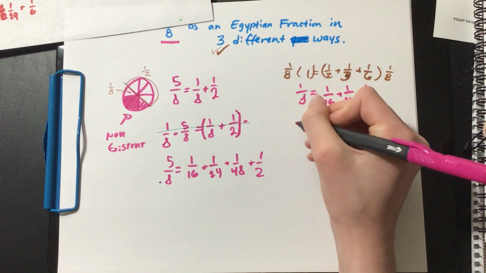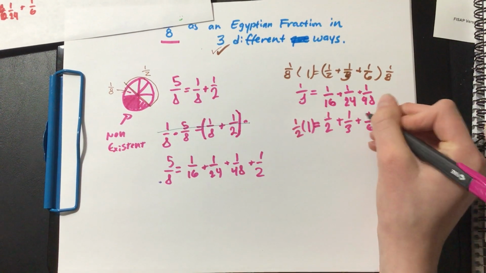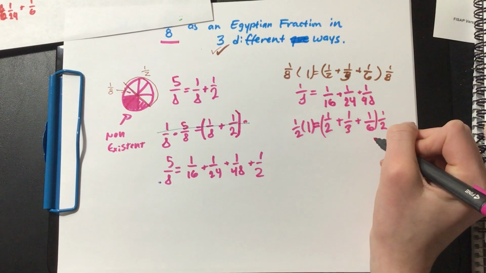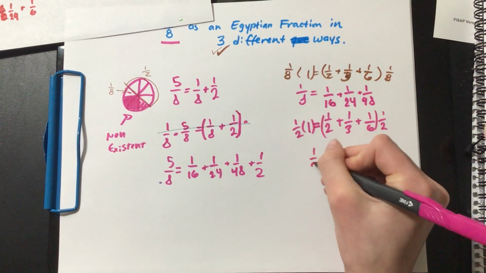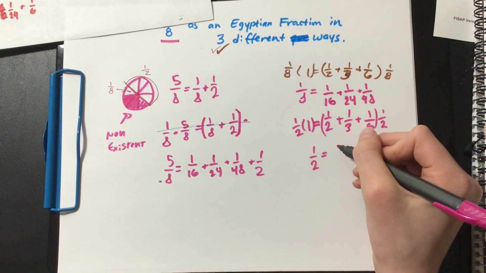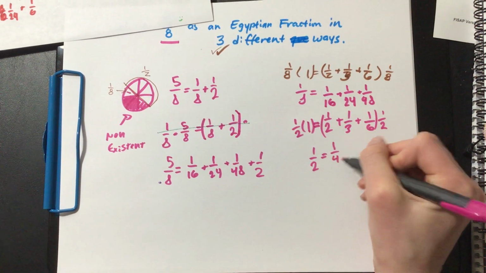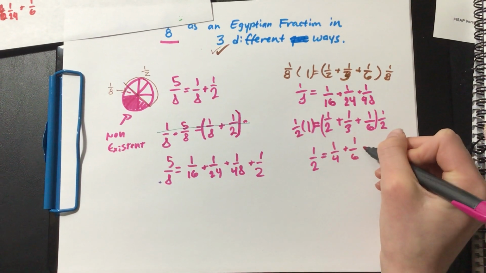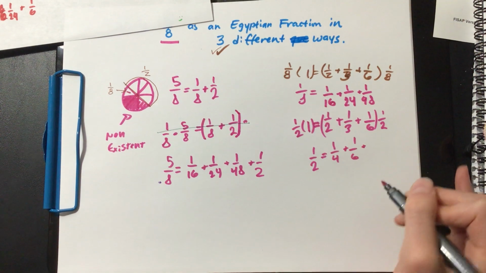Anyway, this part times 1/2. Okay. So that would give us 1/2 is equal to 1/2 times 1/2 is 1/4. 1/3 times 1/2 is 1/6, and 1/6 times 1/2 is 1/12.